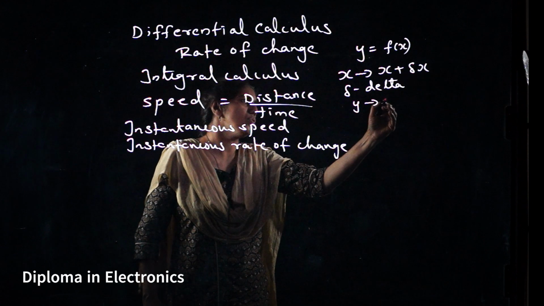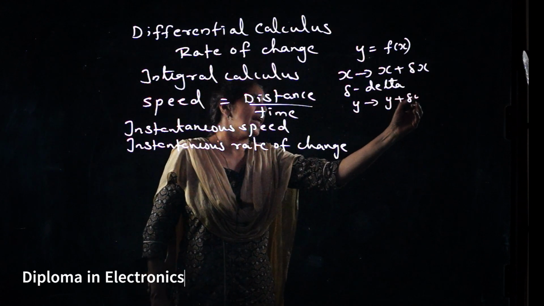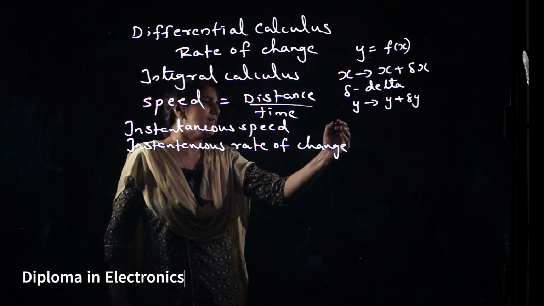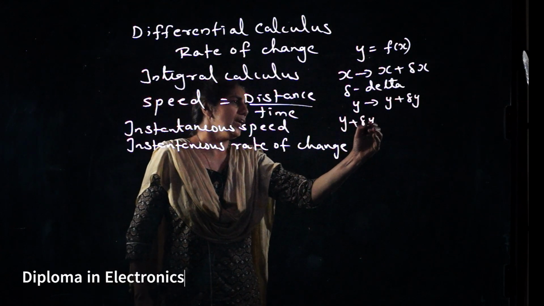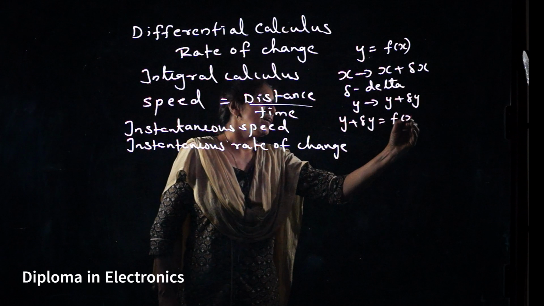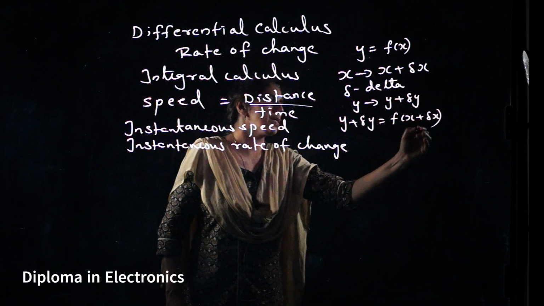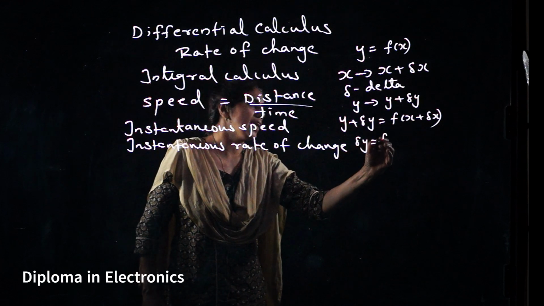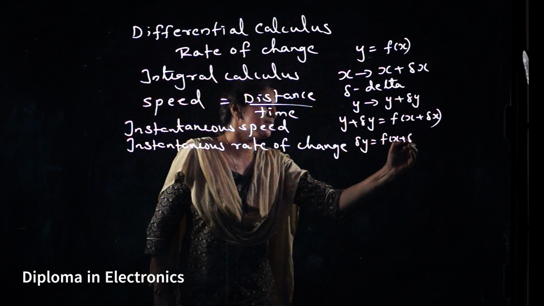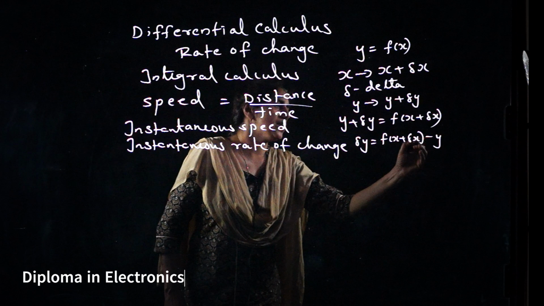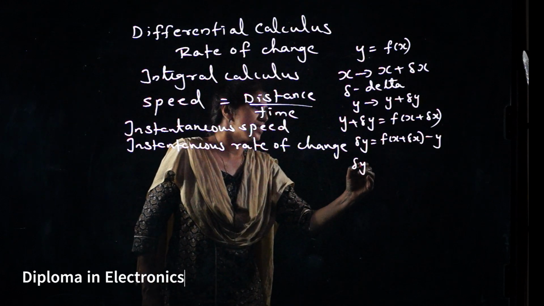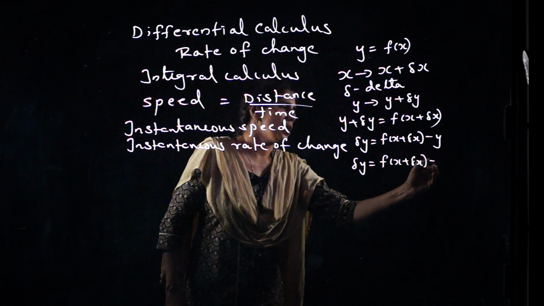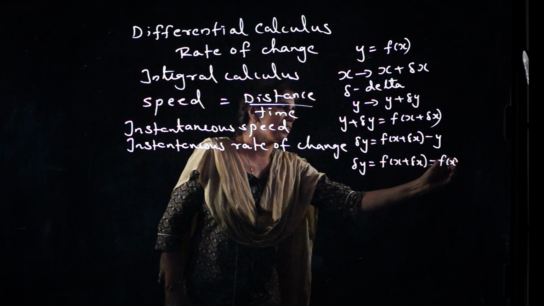Y changes to y plus delta y. So this y plus delta y, you can write it as f of x plus delta x. So this delta y is then f of x plus delta x minus y. That is, delta y is f of x plus delta x minus f of x.